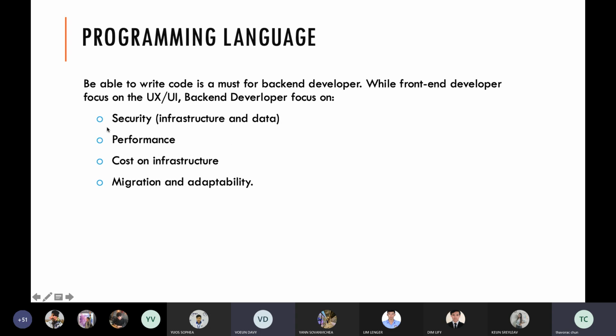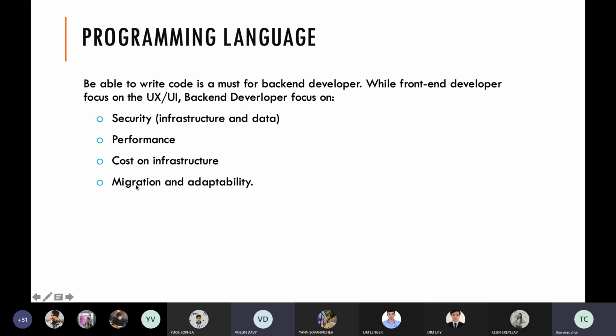Okay, so there are a lot of things that you need to think about to increase your program performance. You need also to care about the cost of infrastructure. What kind of database you should use, how much memory that you should use, how much CPU that you need to use. All of those things depend also on the language that you choose as well.